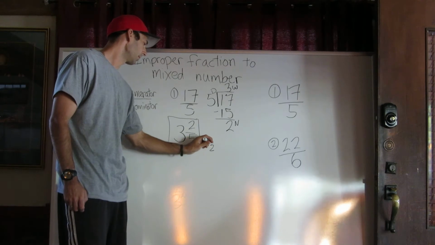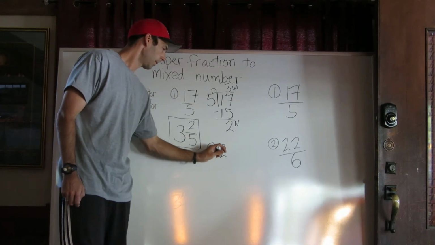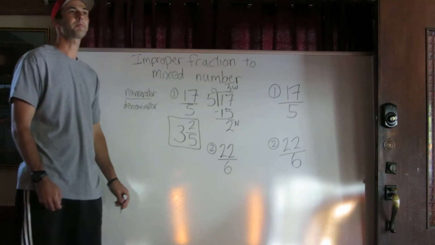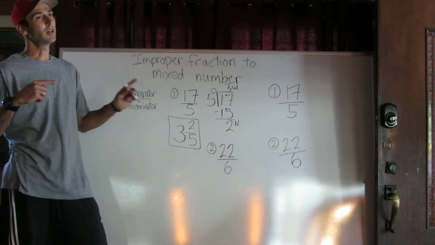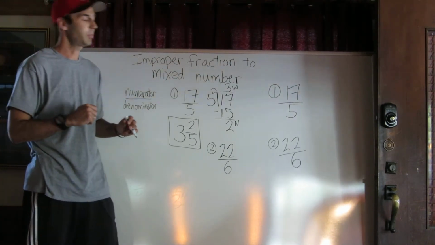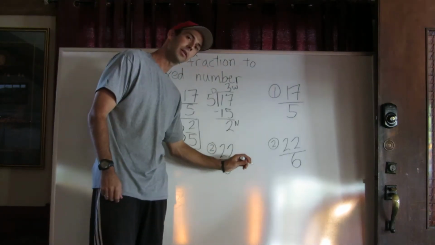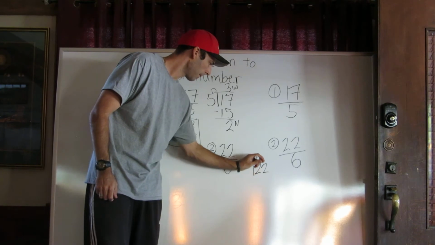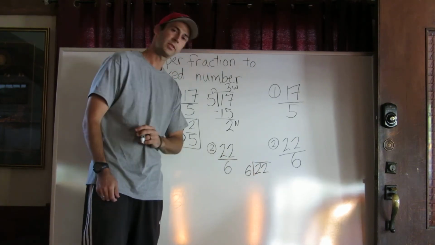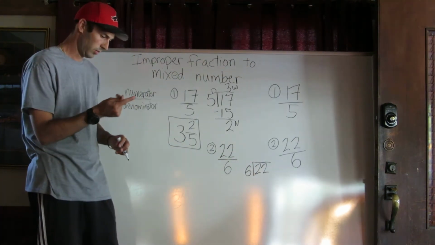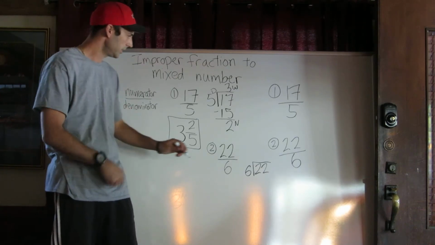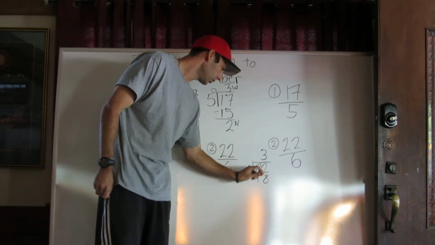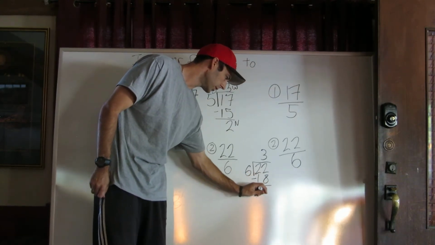Alright, second problem. 22 over 6. Again, numerator larger than denominator, we know it's an improper fraction, and we divide. 6 goes into 22, 6, 12, 18, 24 is too much, 18, 3 times, 3 times 6 is 18, 22 minus 18 should give us 4.